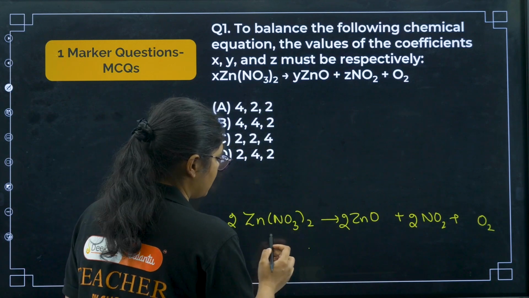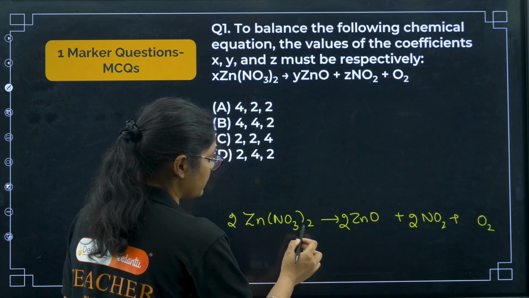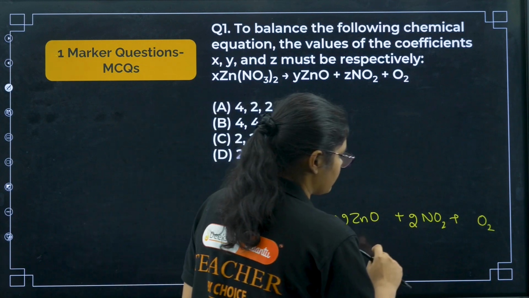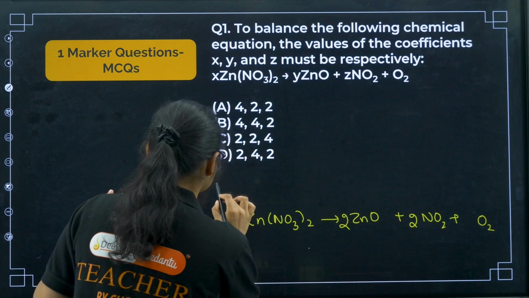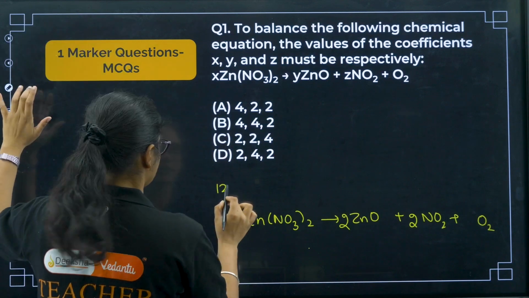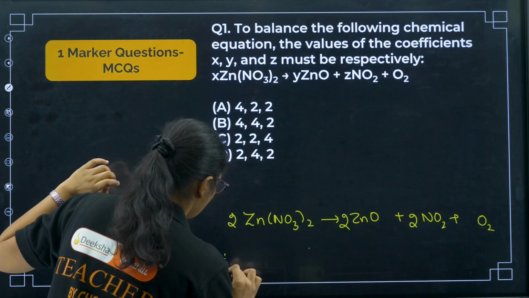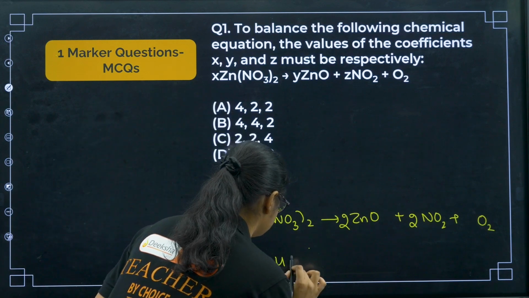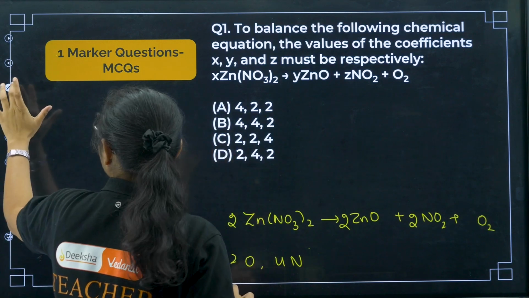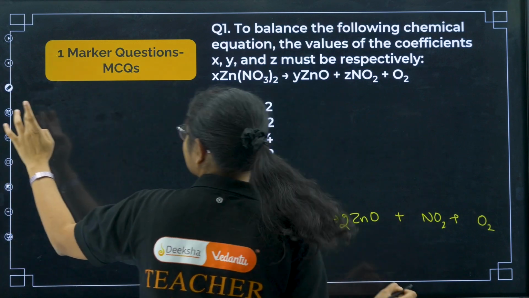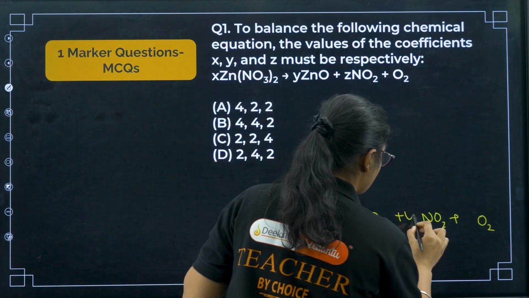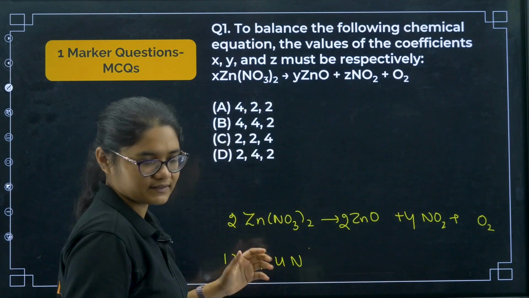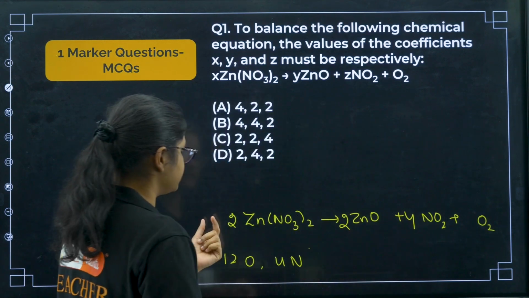So I am getting 2 zinc and 12 oxygen, and 4 nitrogens. To make it 4 nitrogen, I'll make this side 4. Now let me check: 4 2s are 8, 9, 10, 11, 12. So 12 oxygen, yes, 4 nitrogen, yes, and 2 zinc.